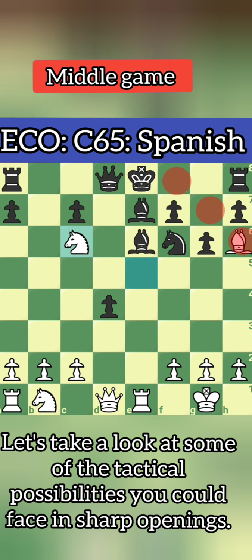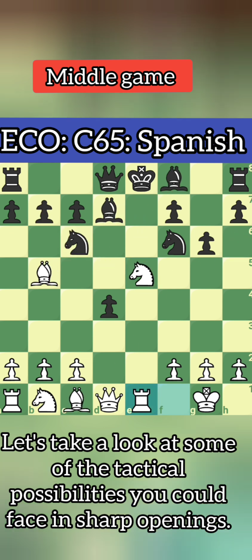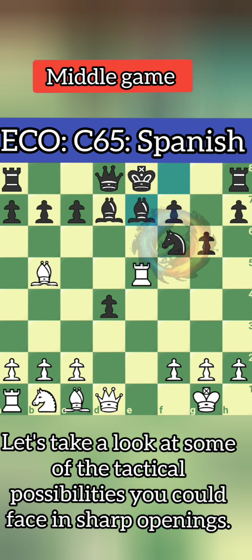Okay, taking the moves back. After rook e1, knight captures on e5. And after rook recaptures with check, bishop e7. And white has bishop g5 pinning the knight. Two possibilities here for black are kingside castle and knight to g8.